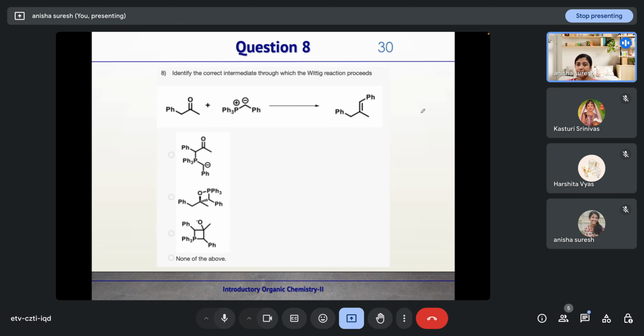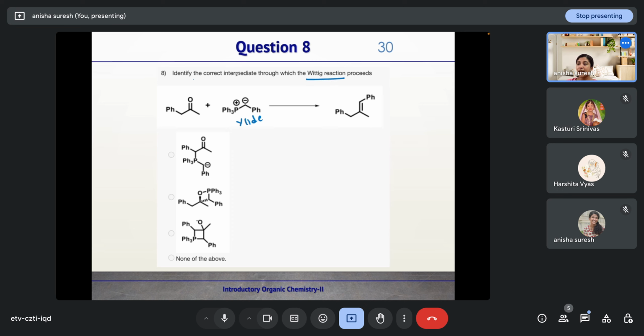Now coming to question number 8. So here, identify the correct intermediate through which the Wittig reaction proceeds. So here we are given this ylide and this ketone, and it is leading to formation of this product, alkene. So they have mentioned it is Wittig reaction.